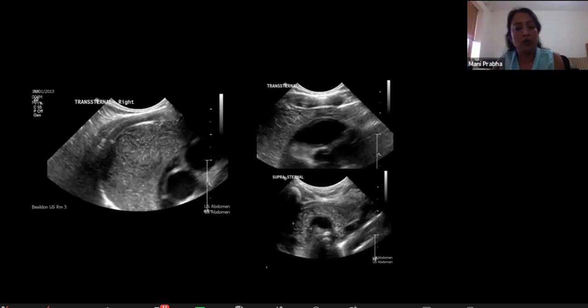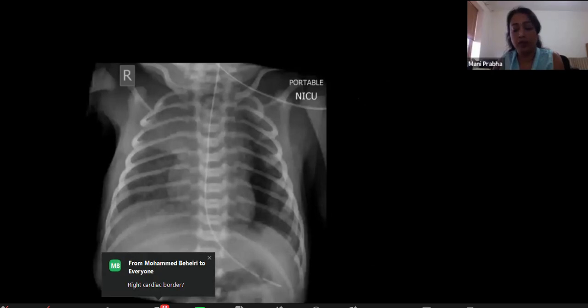On ultrasound, we see a starry sky appearance, that there is speckled brightness amongst the homogeneity. That's why it is called starry sky appearance. So this is another appearance of thymus when it is on both sides.